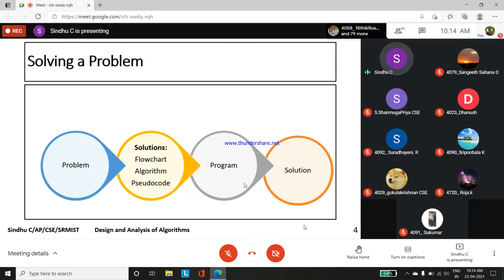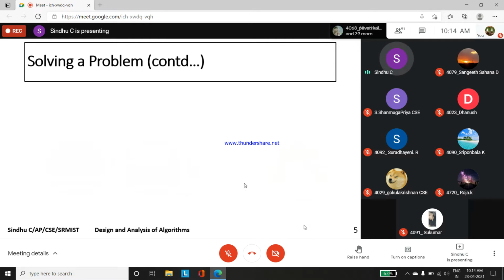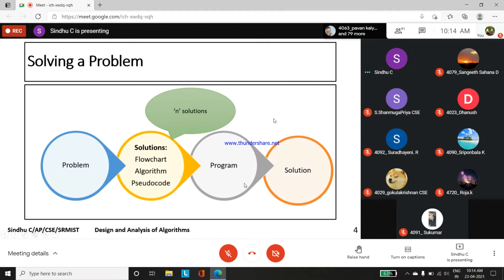If this is the process, then what is the need for design and analysis of algorithms? The point is, we don't have a single solution, right? Any problem you have, you get to have n number of solutions to that problem.